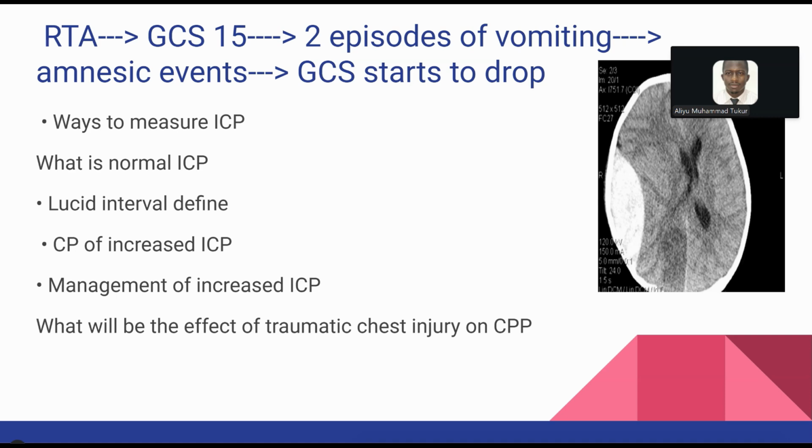Okay, so what are the different strategies of managing increased intracranial pressure? One can manage increased intracranial pressure by improving venous drainage from the head, raising the head of the bed of the patient to about 30 degrees and stabilizing the cervical spine. Another way is by reducing the metabolic rate of the brain.